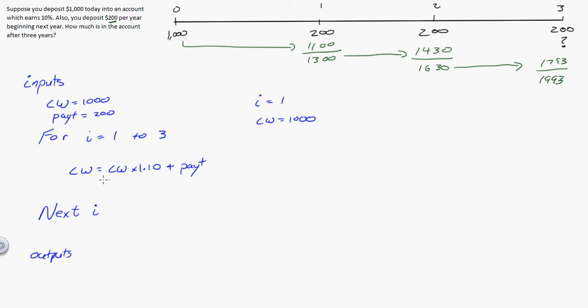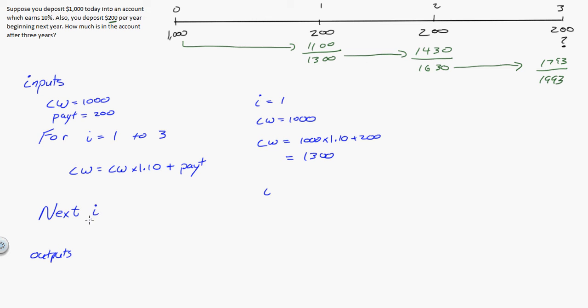So now the program says again, you read this, CW shall be equal to 1,000, which is CW, times 1.1 plus 200, which is the payment, and that's going to be equal to 1,300. And so that statement is complete.